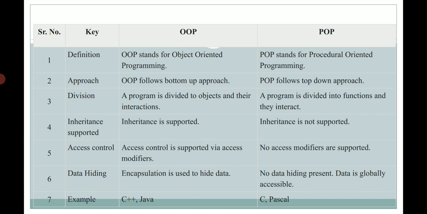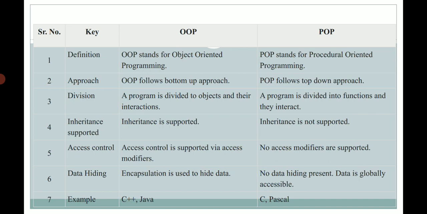Based on inheritance support, in object-oriented programming the inheritance concept is supported. In procedural-oriented programming, inheritance is not supported. Access control. Based on access control, OOP supports it via access modifiers. What is an access modifier?